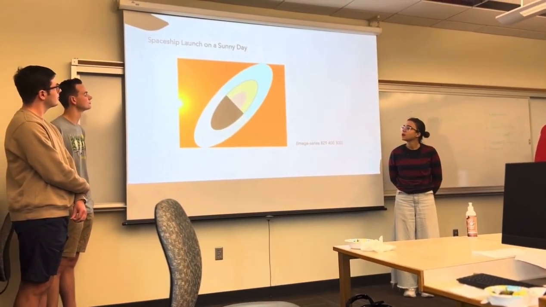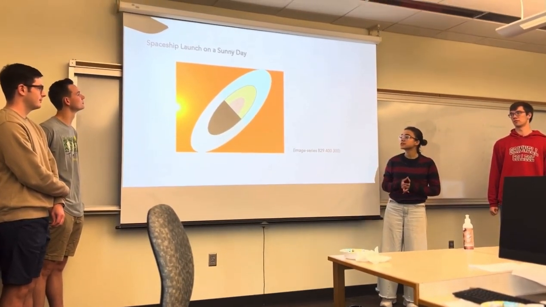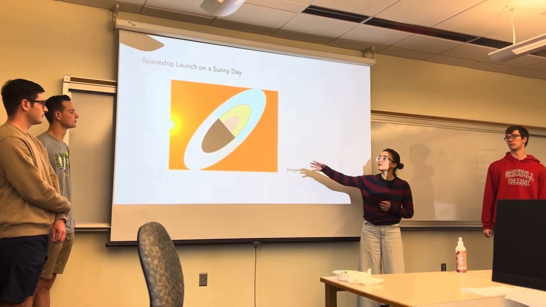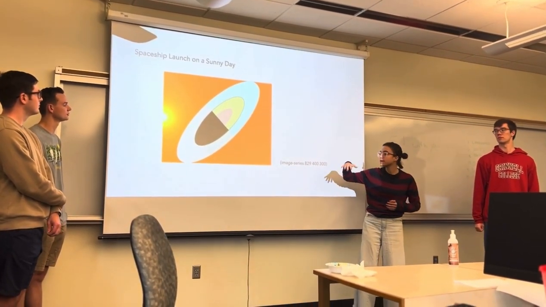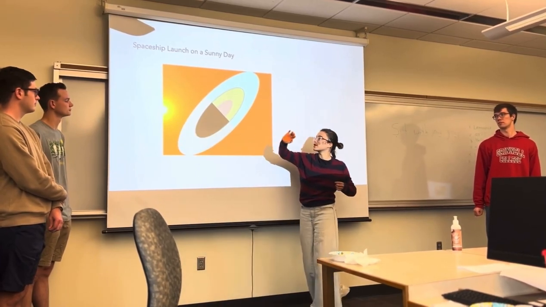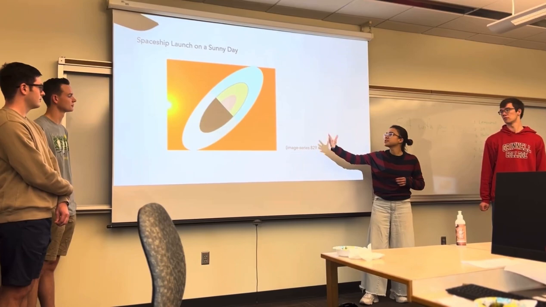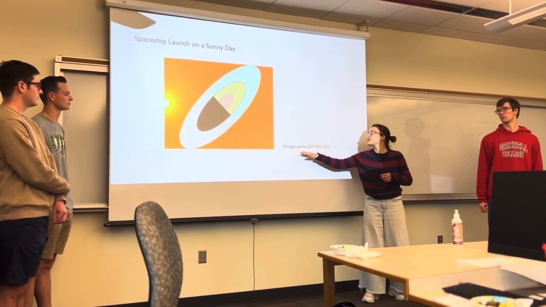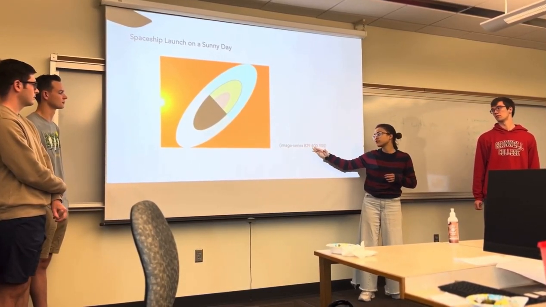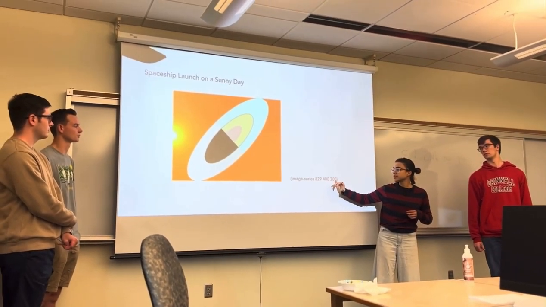Yeah. So with the code that we developed, we came across some really interesting images. This first one we call the Spencer lawn on a sunny day, but it was because we couldn't centralize the lighter pixels, so we had to fix that. So that's actually a picture that we ran by using the image series 829, 400, 300. The 400 is the width, the 300 is the height.